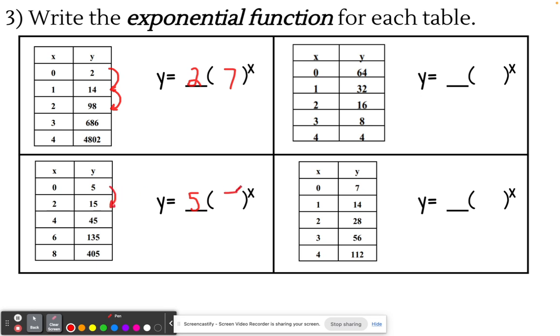So 5 times 3 to the power of x. On this one, you can see that I'm multiplying by 1/2, and my starting point is 64. So 64 times 1/2 to the x.